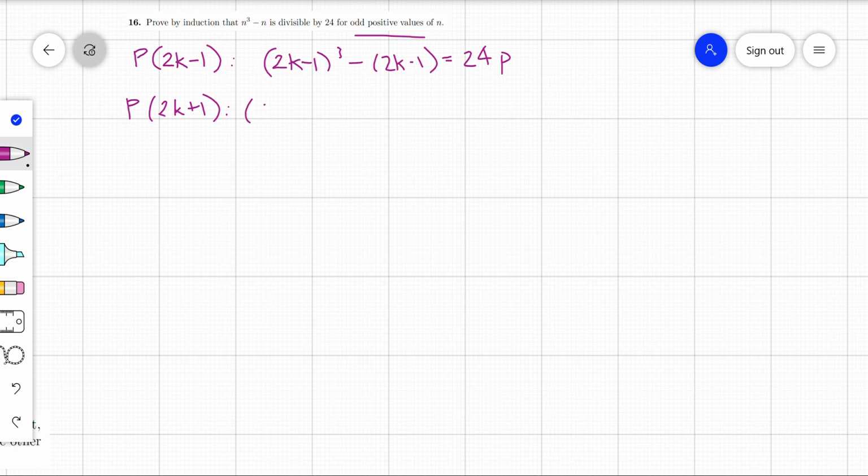Then we'll be trying to prove that 2k plus 1 cubed minus (2k plus 1) is equal to 24q for some integer q.